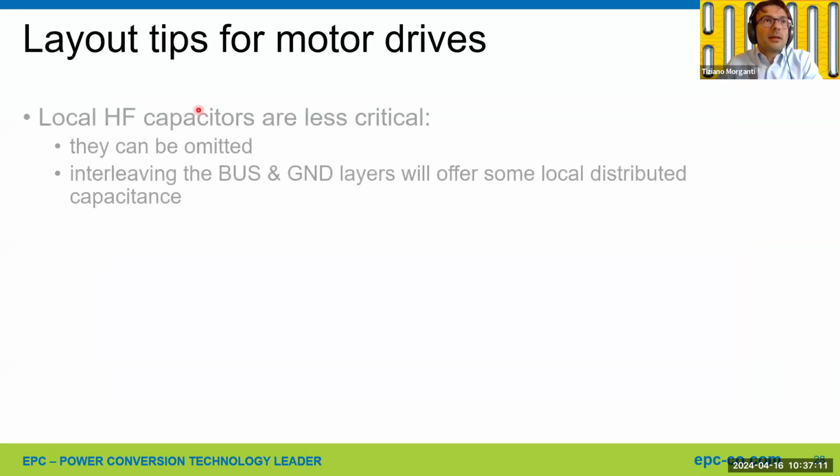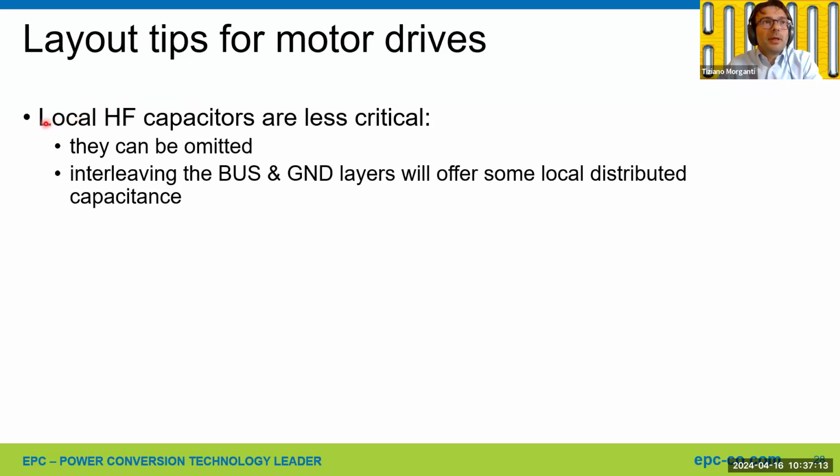So let's start from the local high frequency capacitors. Those are much less critical because the switching is much slower. So they can also be omitted. And if you interleave the bus and ground layers on the PCB stack up, you will offer some local distributed capacitance that can keep the switching clean.